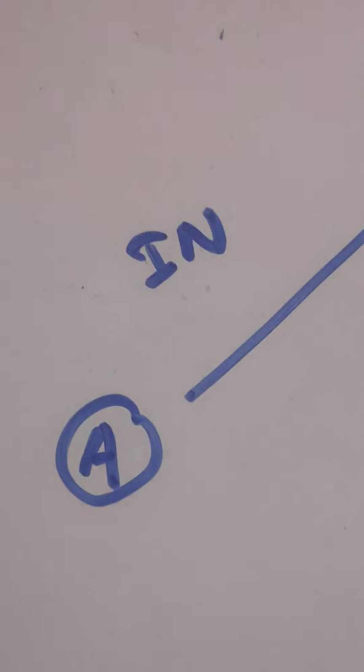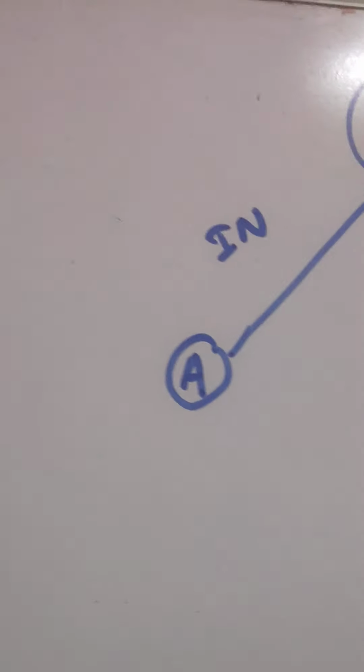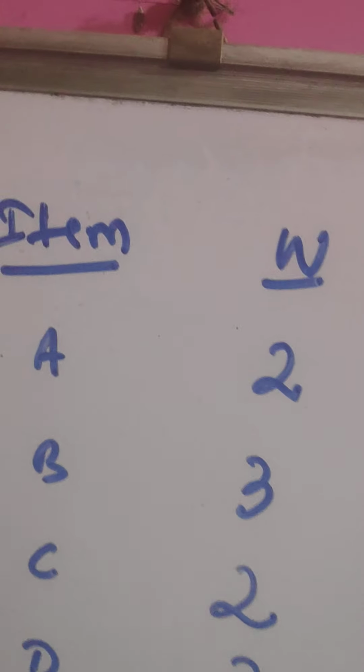Initially I don't have any value. Let us first choose A. Item A is included. Since the weight of A is 2 kg, now my weight becomes 2 and my value becomes 40.